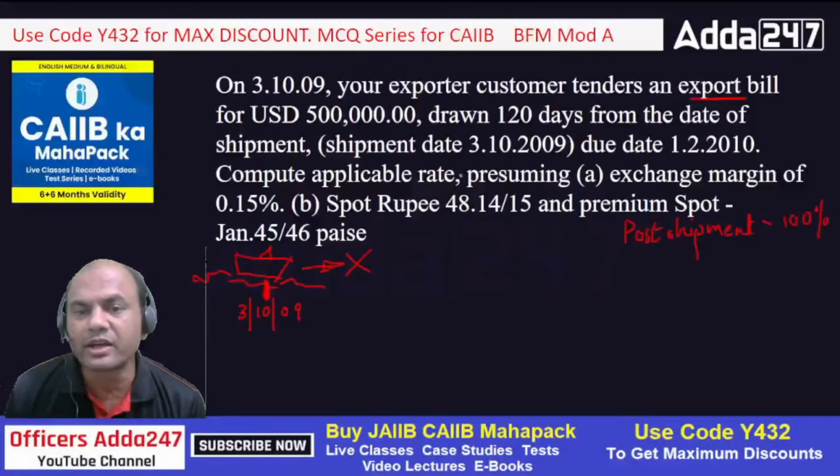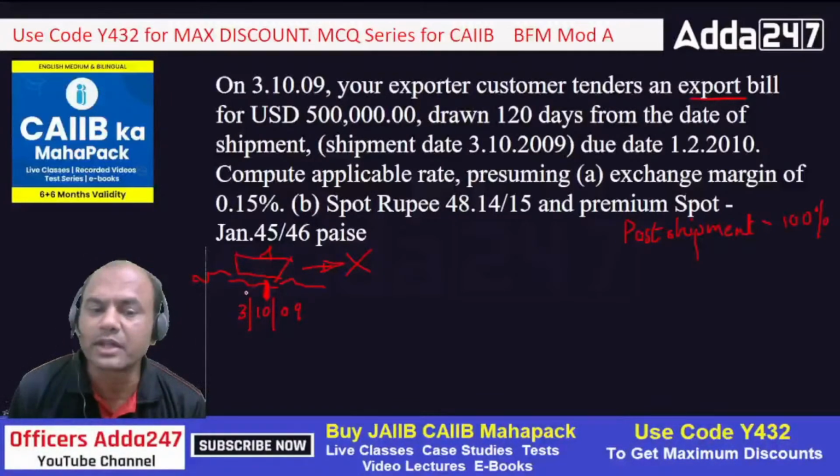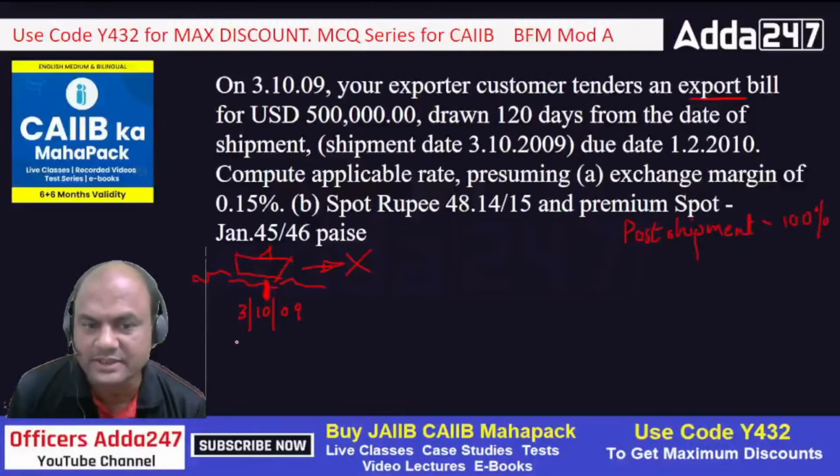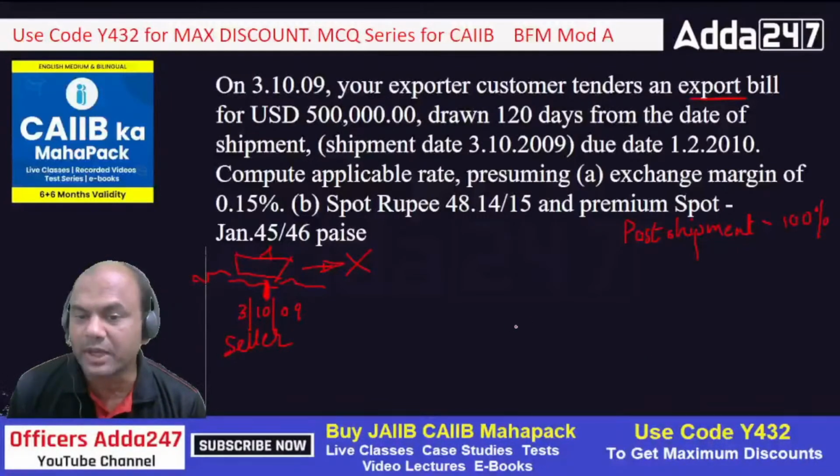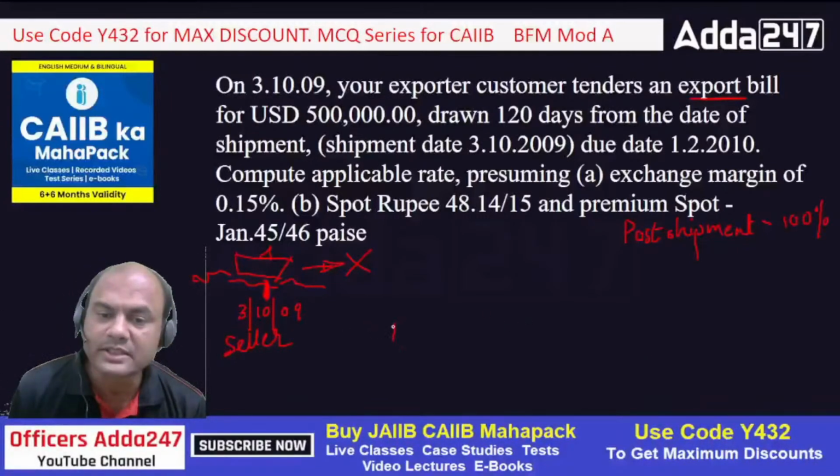Now after 120 days, this bill is going to be matured, means he will get the money from the buyer. See here, this guy is a seller now, isn't it? He is a seller because he is doing the shipment, he is doing the export. So there is always a buyer also. This buyer will pay this guy after 120 days. So what does this mean?